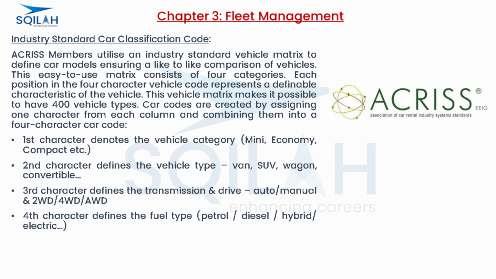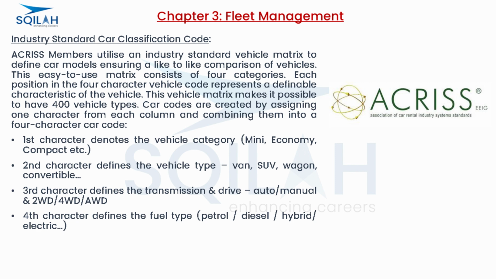The first character denotes the vehicle category: mini, economy, compact, etc. The second character defines the vehicle type: van, SUV, wagon, convertible. The third character defines the transmission and drive: auto/manual and 2WD/4WD/AWD.